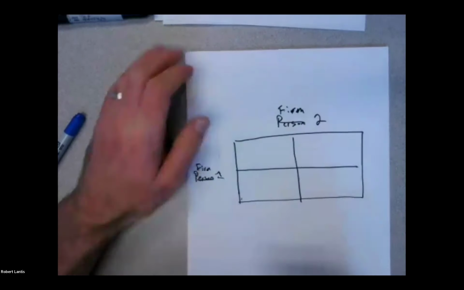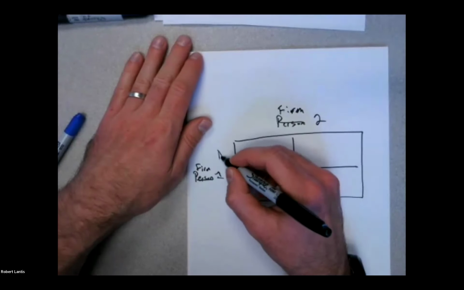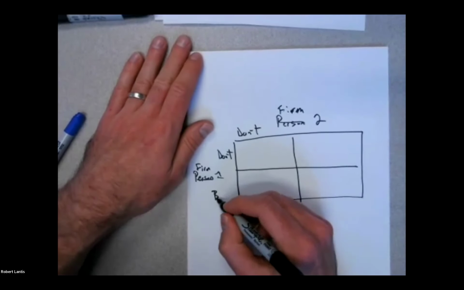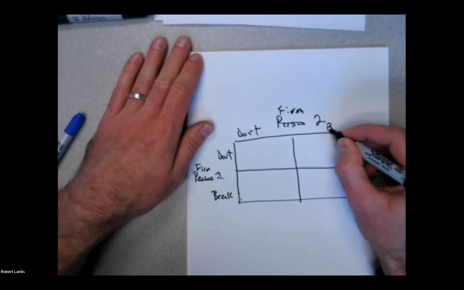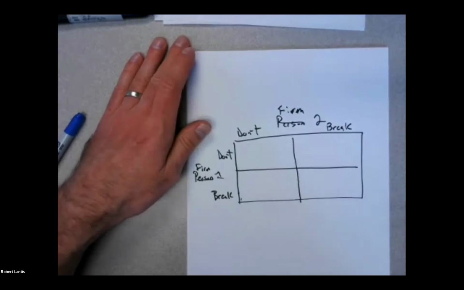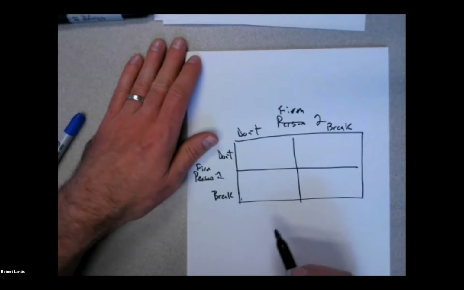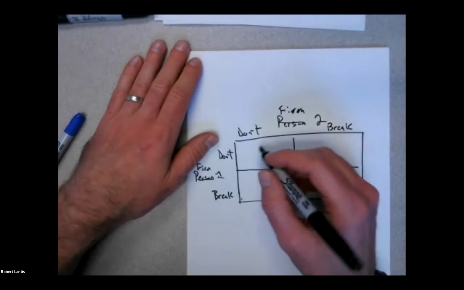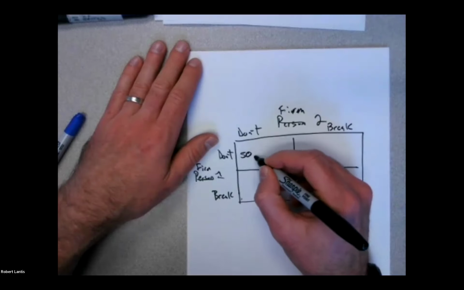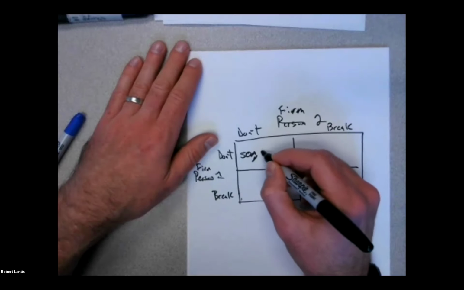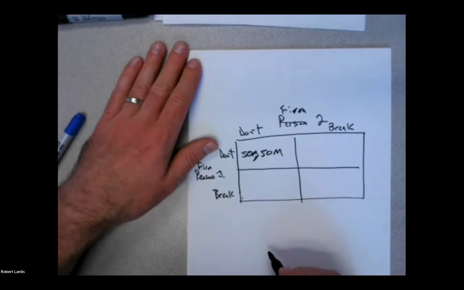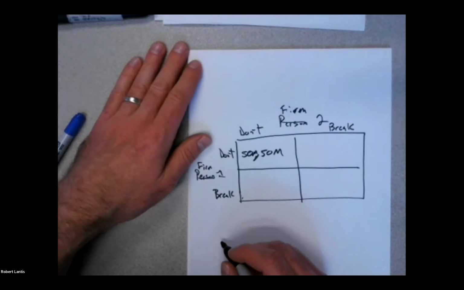So let's say we both don't break the agreement. In the short run, if we're both not breaking, maybe we're earning $50 million in profits here. Now, if I break the agreement 1 year, maybe I can gain an additional 5 million.